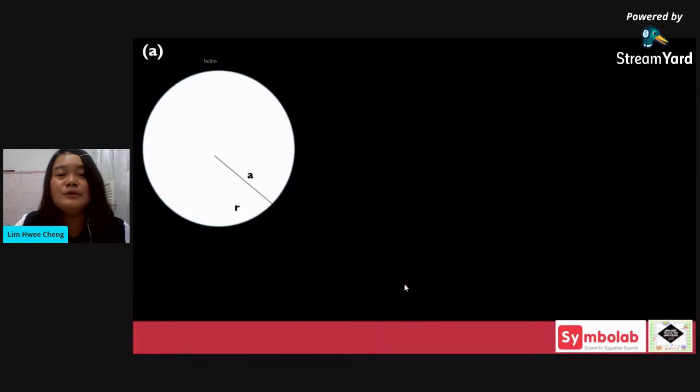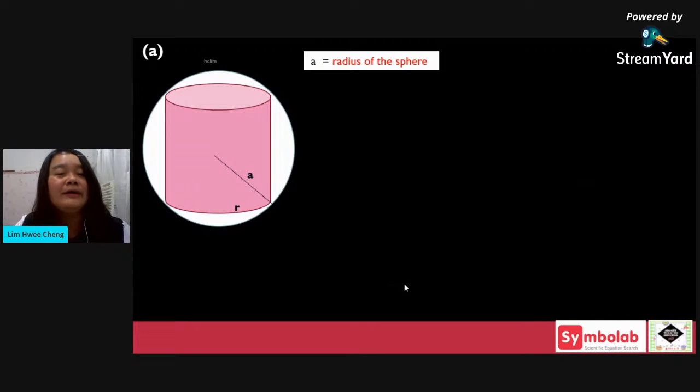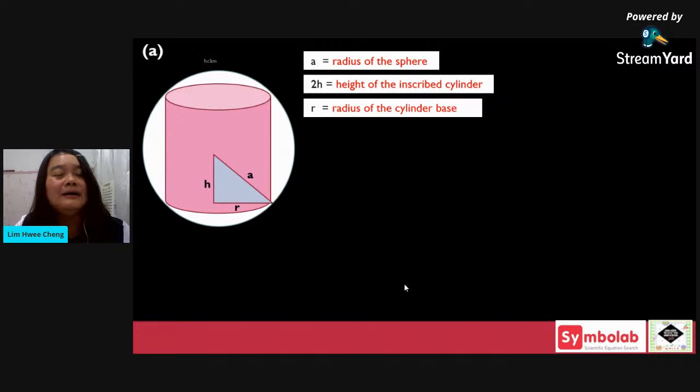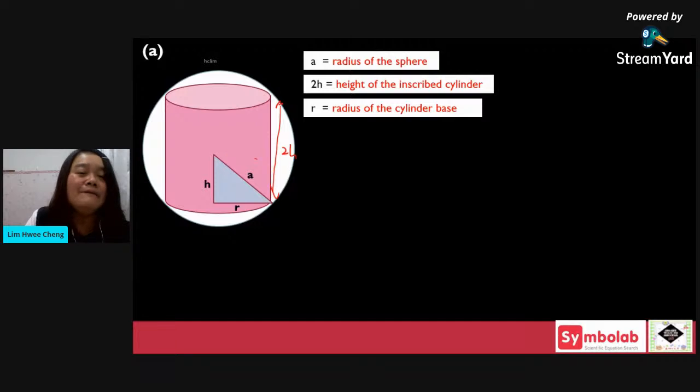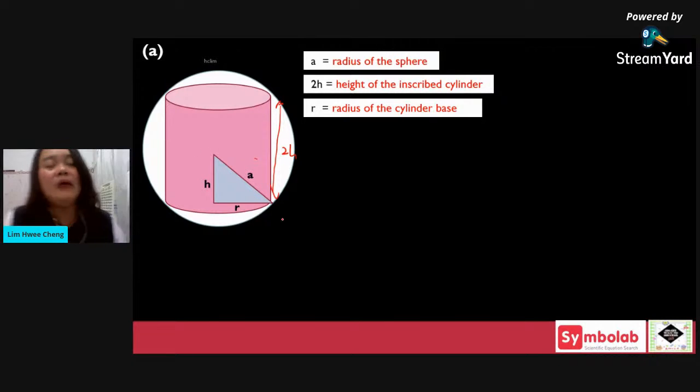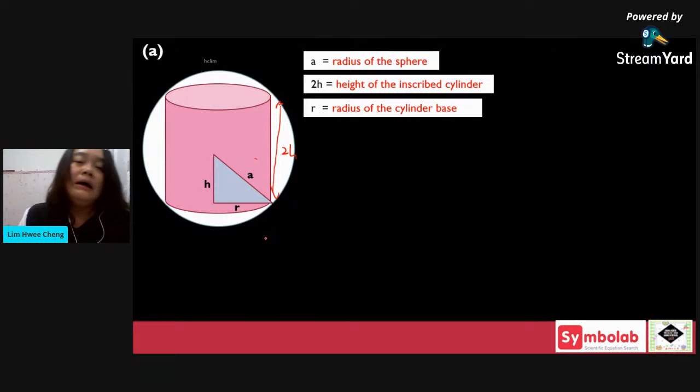Okay, so for this question, we have the radius r, height h, and a. Again, this is the radius of the sphere, that's why it's a. So from here to here, dia adalah 2h. That's why half, dia mestilah h. So from here, normally you have to think of the relations between h, a, and r.